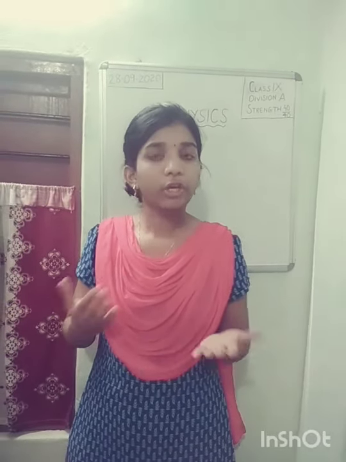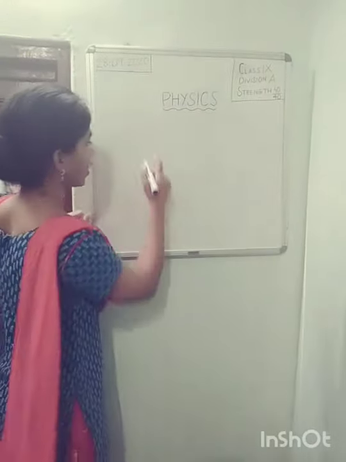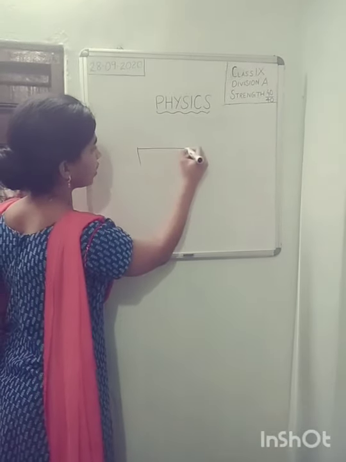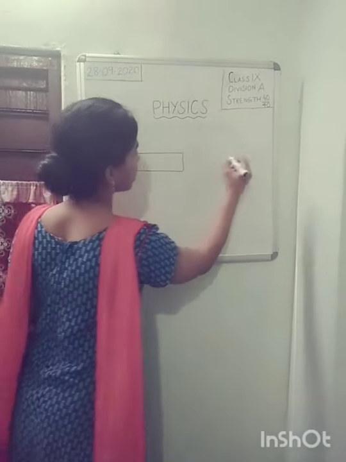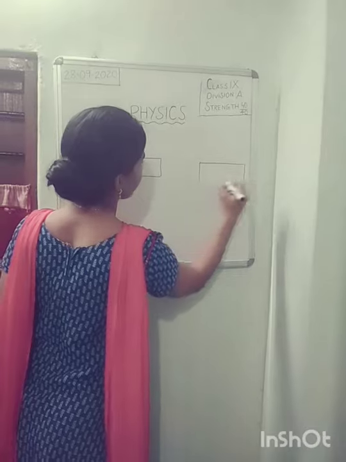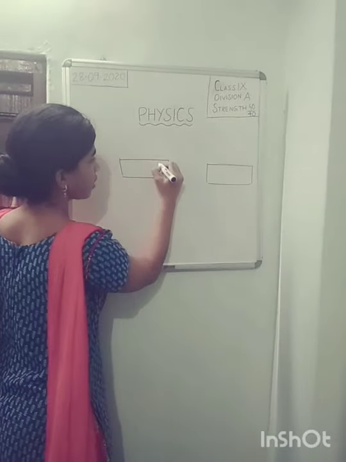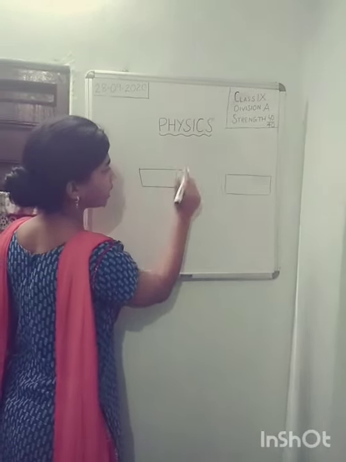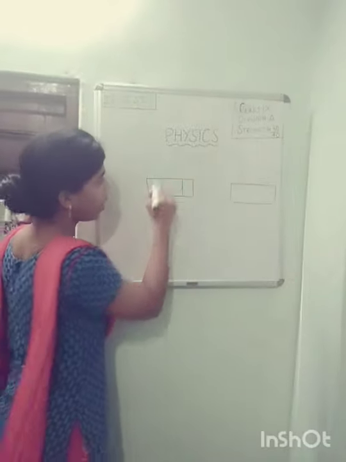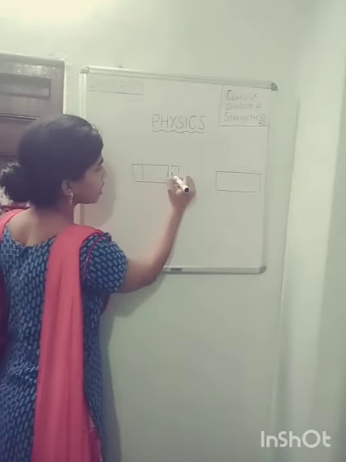So, can you define that? Okay, you know what is magnet. Let us suppose that there are two magnets. That is, I am taking two bar magnets. This is bar magnet A and this is bar magnet B. This is a north. We know magnet is having two poles, right? One is north pole and one is south pole.